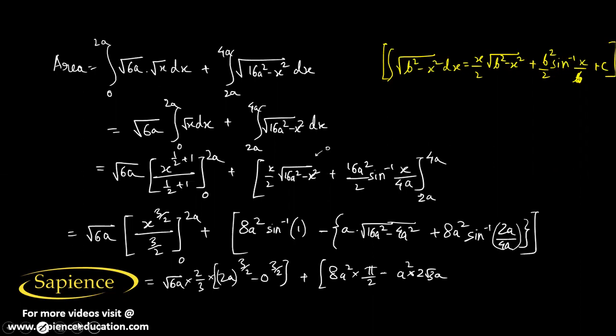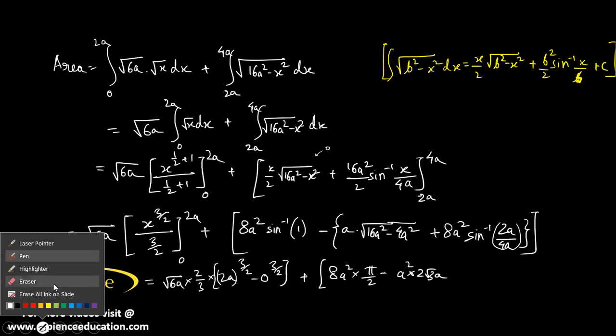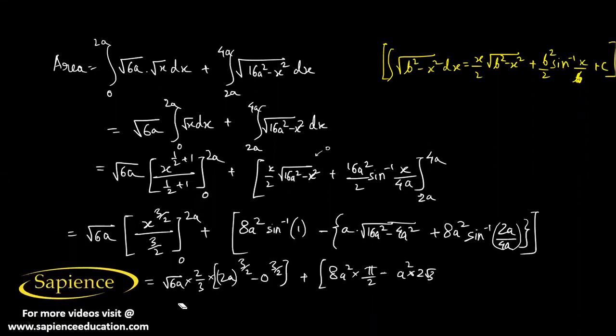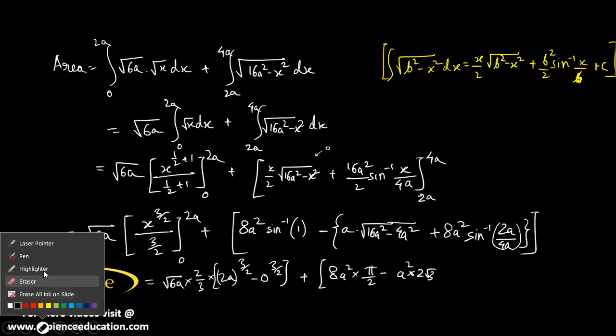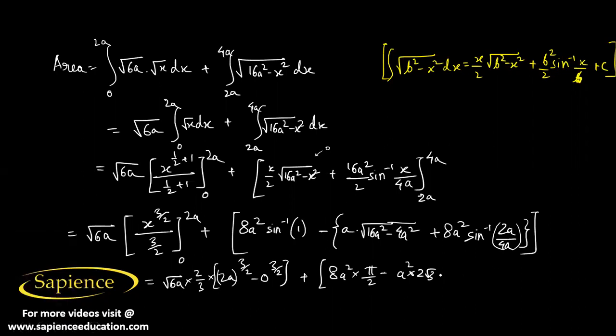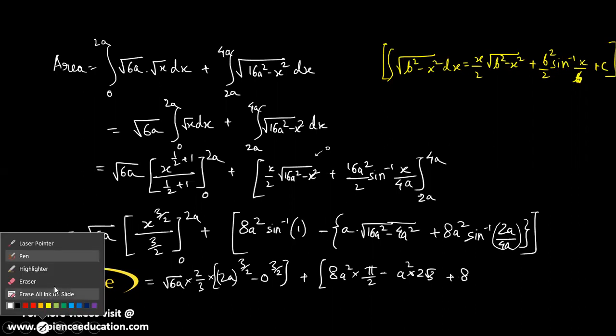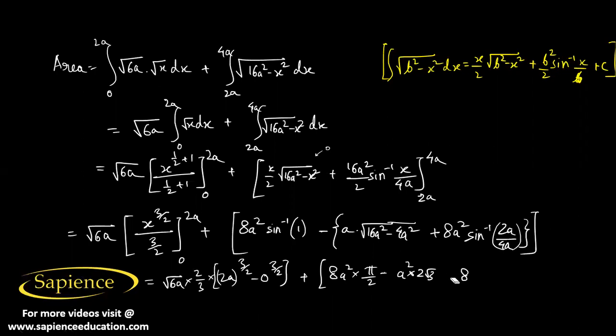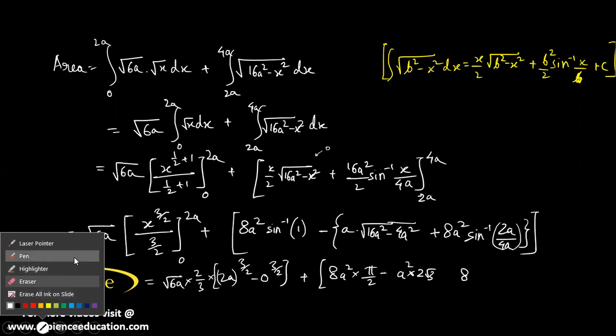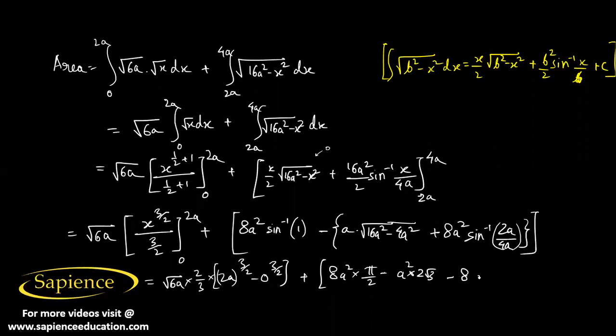This won't be a, so this a I have to remove. And this will be minus 8a square times sine inverse 1 by 2. Sine inverse 1 by 2 means it is pi by 6. This will be 3 is 6, 4 is 8.